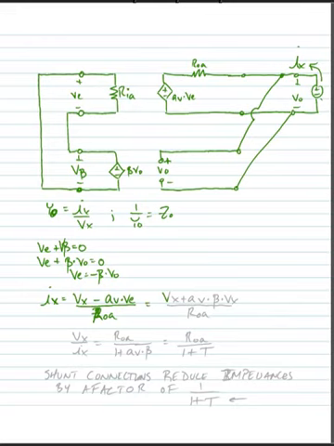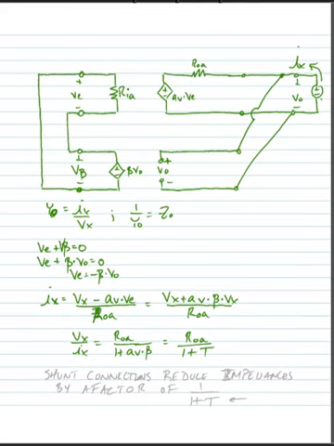Making substitutions, we can say that this is equal to Vx plus Av times beta times Vx divided by ROA. And if we solve for resistance at this point, Vx over Ix, we have Vx over Ix is equal to ROA divided by 1 plus Av times beta. Or we can say ROA divided by 1 plus the loop gain.